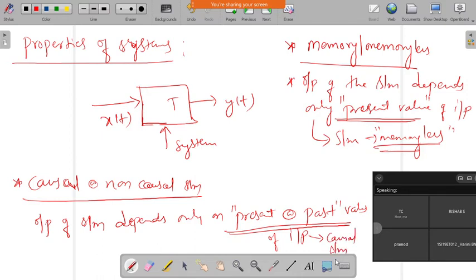If it depends on future values, then it is a non-causal system. That is what is important here.